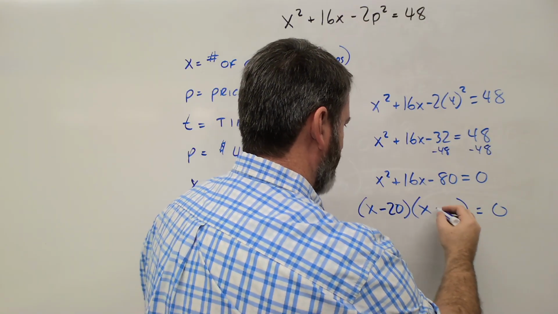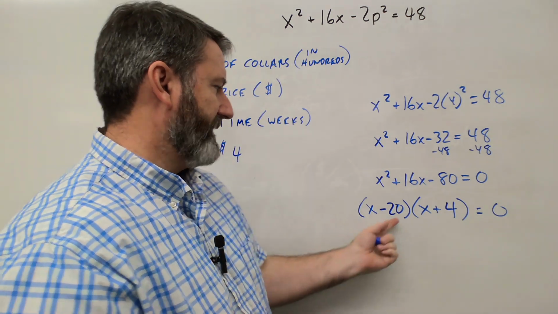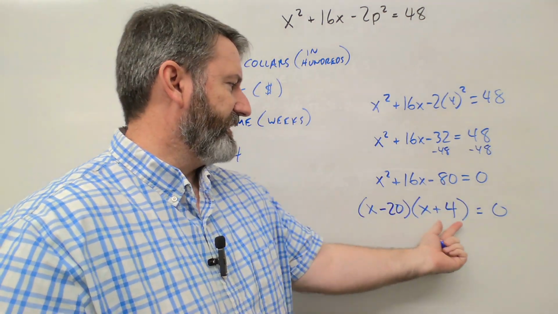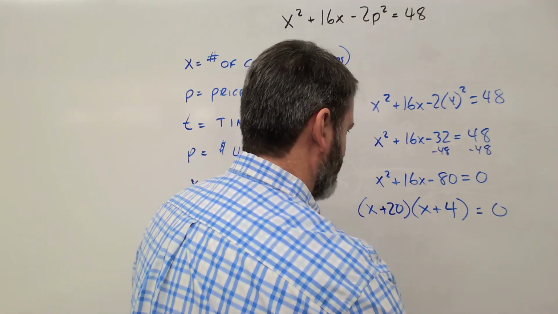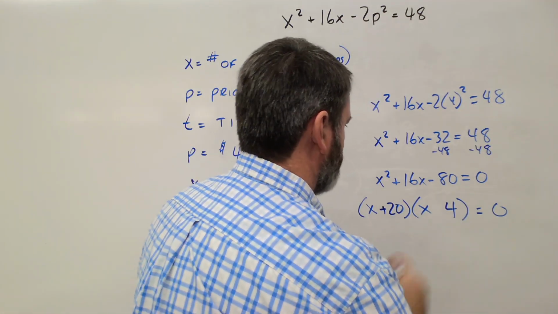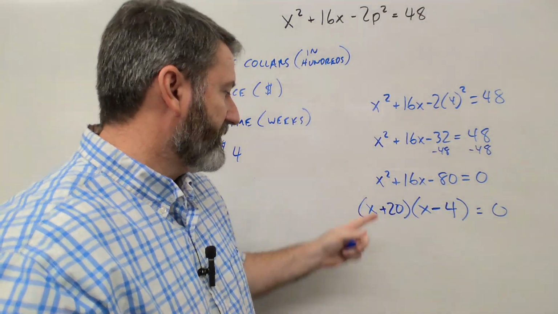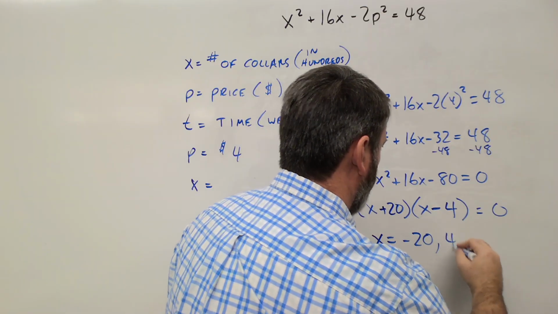Actually we want this to be positive 20 and negative 4. Now that would give us that positive 16. So we know that X has to be either negative 20 or 4.